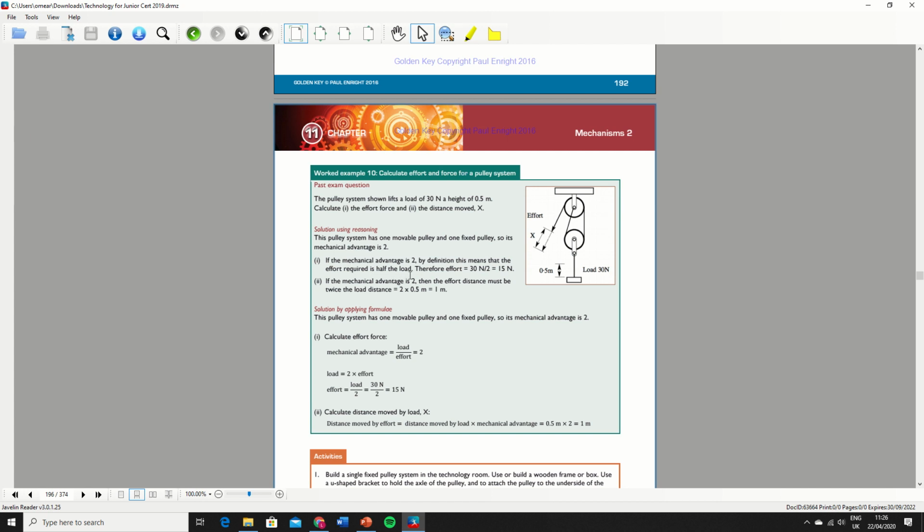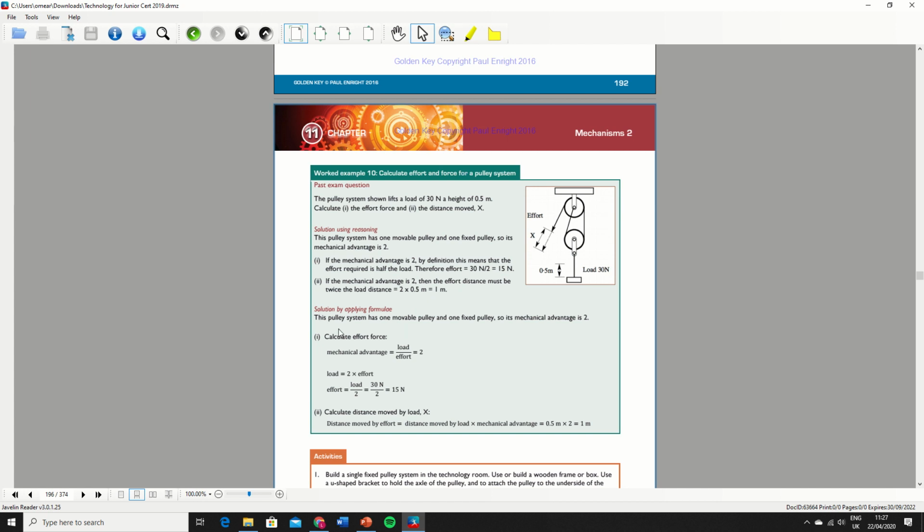So if the load is 30, the effort has to equal 15. And if the mechanical advantage is 2, then the effort distance must be twice the load distance. So if that's 0.5, it has to be 1.